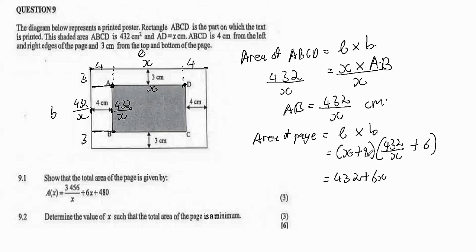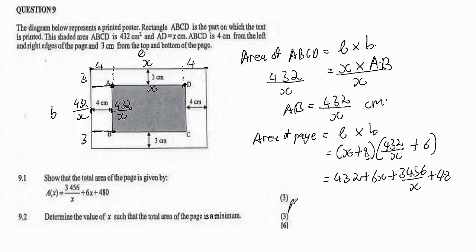Now again, the 8 multiplied by 432 over X. Now the 8 will have to multiply with the 432, which will give us the 3,456 over X. And then lastly, we have to take the 8 multiplied by 6, which will then give us 48, right?